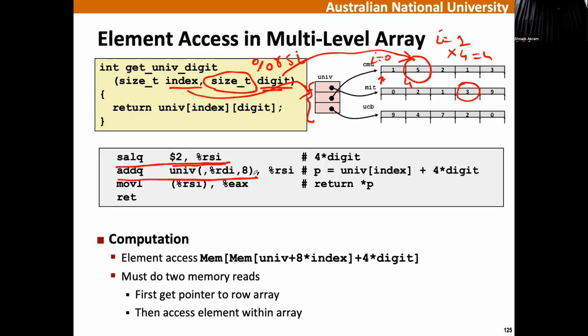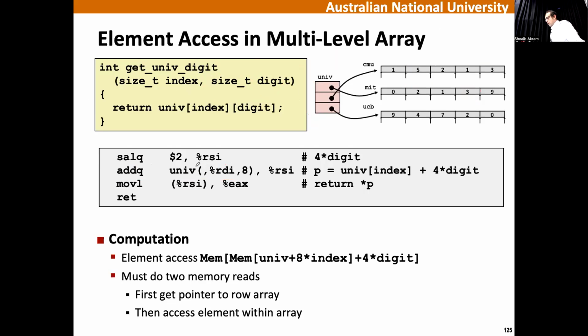What does it tell you? It's doing a memory reference, right? Why is it doing a memory reference? What is this bringing from memory? Where RDI is this index.